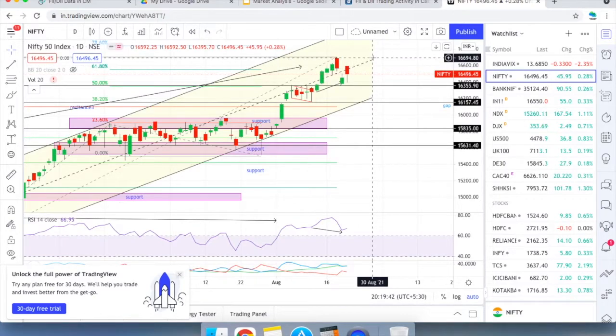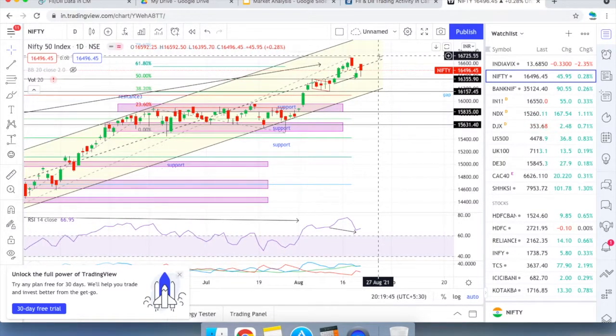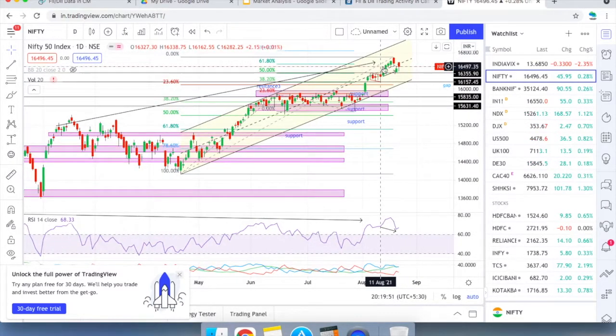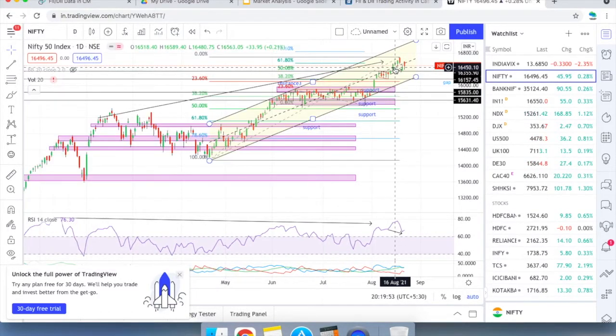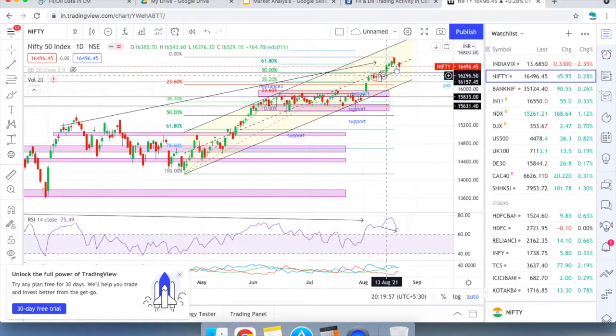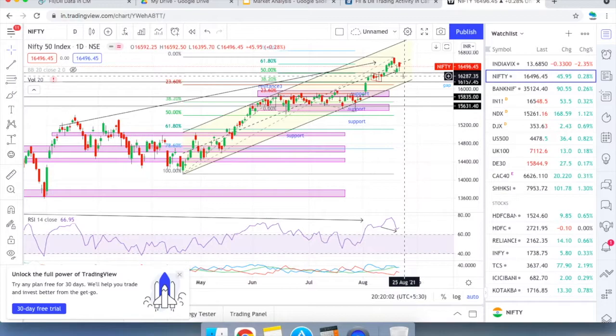So we had hit earlier the 78, right? We had earlier hit the 61 percent above that, and then we had fallen down.